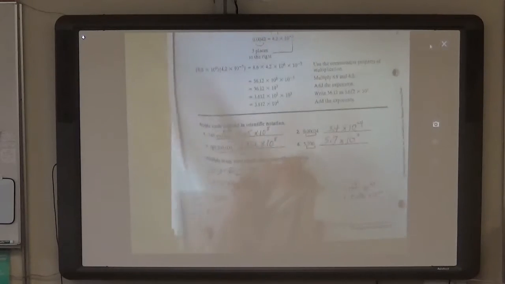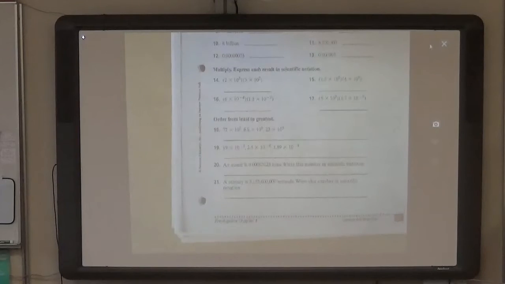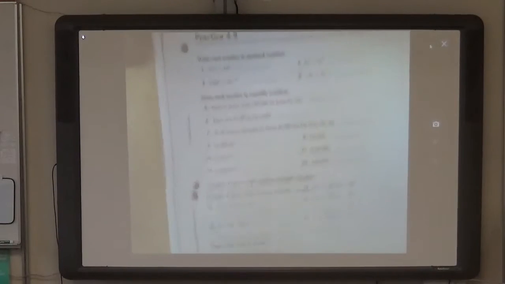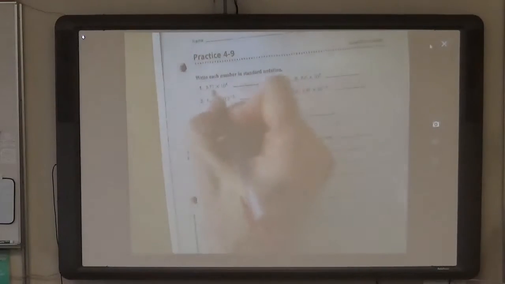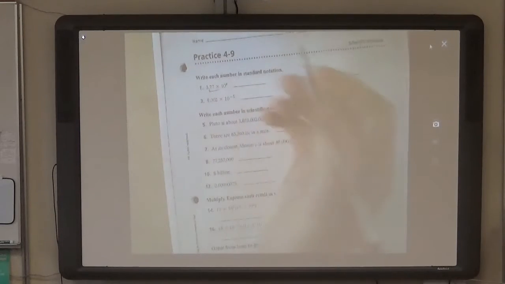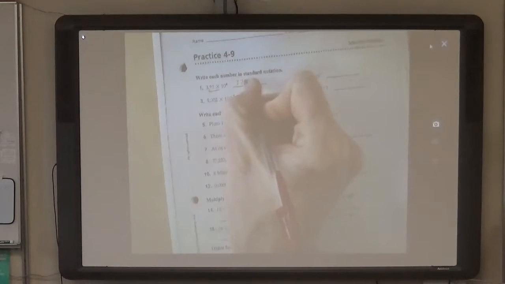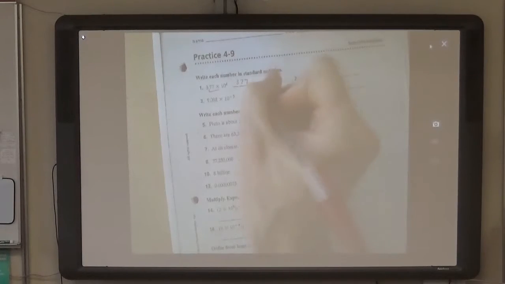Alright, let's go to the back side. Standard notation. So if it's 10 to the 4th power, that means there would be 4 places behind the decimal point. 3, 7, 7, 0, 0, right?